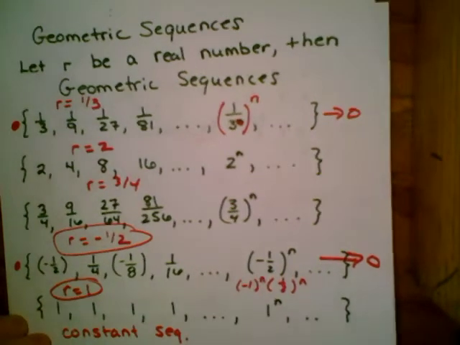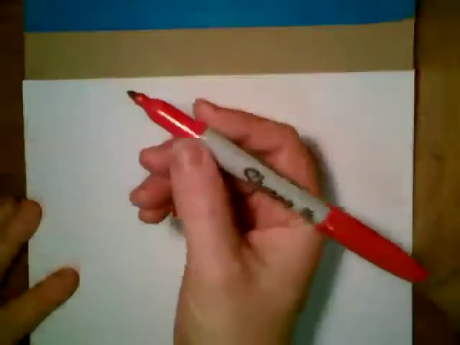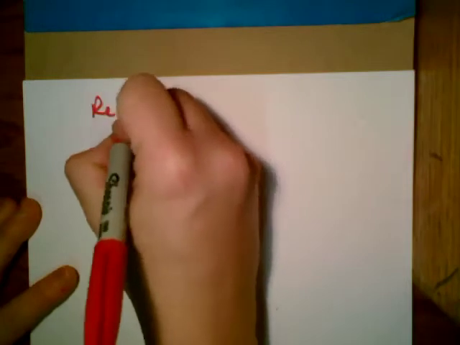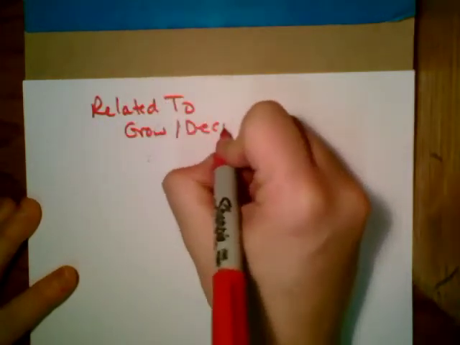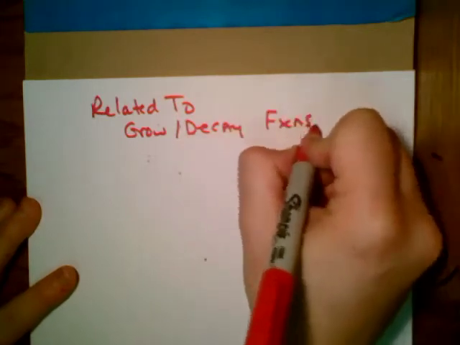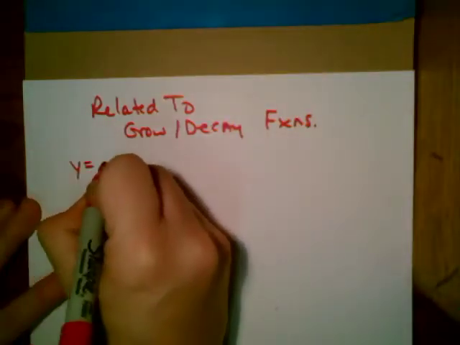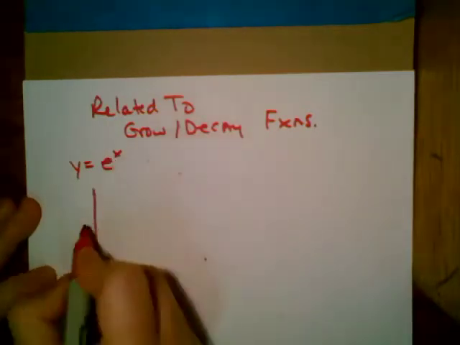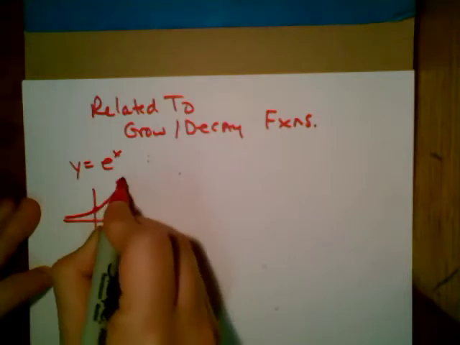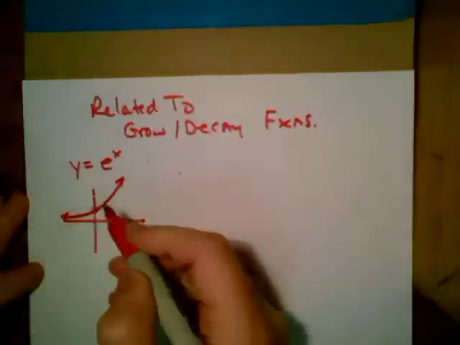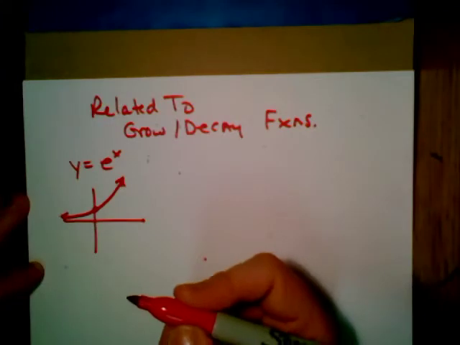Okay. Again, let's just connect this to the continuous cases. Just as a follow-up, geometric sequences would be related to growth and decay functions. So you might recall the graph of y equals e to the x. e to the 0 is 1. We've got a horizontal asymptote here on the left, but unbounded growth on the right.